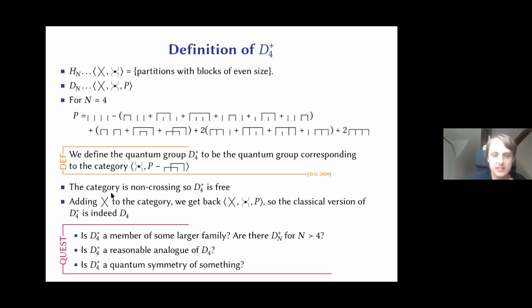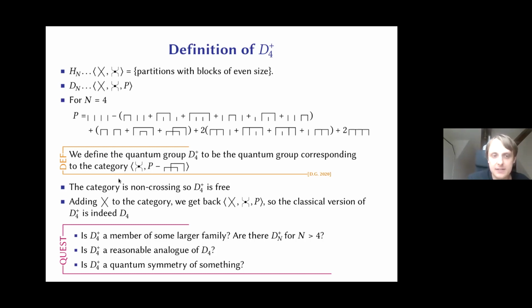So actually you can rotate partitions inside the category, which I did not say, but that's how it is. And therefore, if you add back this crossing here, then you can somehow remove this change here, and you obtain back this category here. So adding the crossing back to the category, you obtain again the D4.